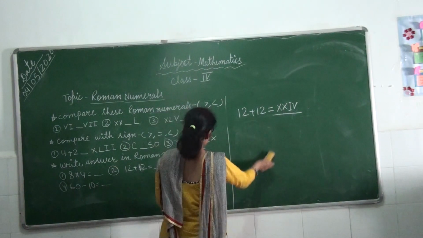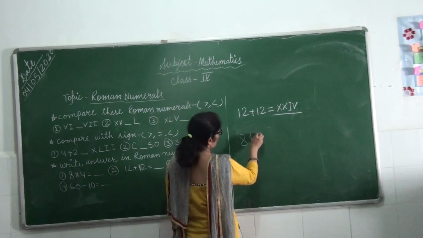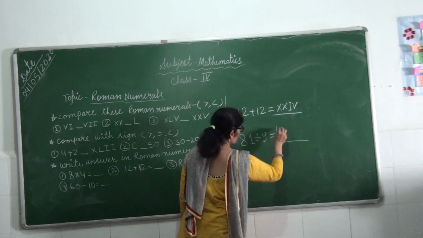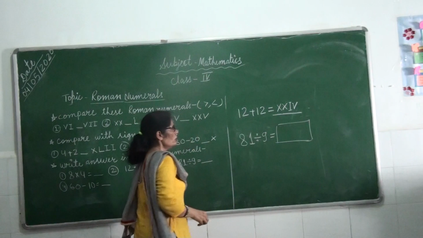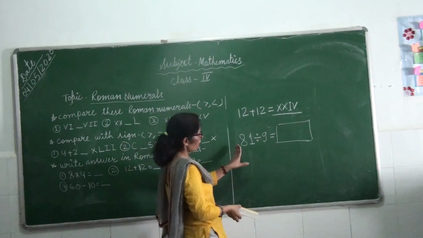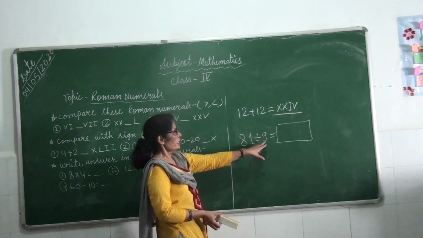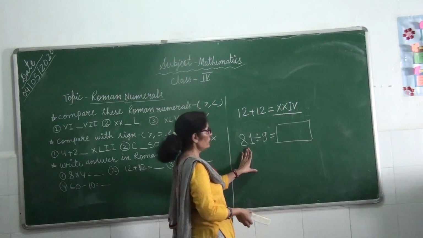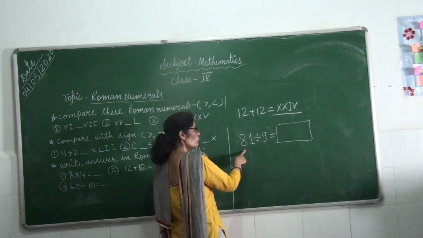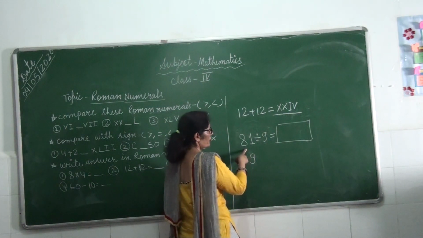Another exercise of division, 81 divided by 9. Again you have to write the answer in Roman numerals. First you have to solve this sum. सबसे पहले हमको क्या करना है? इस sum को solve करना है. Then 9 से 81 को divide करेंगे. What answer we will get? 9, because 9 9s are 81.